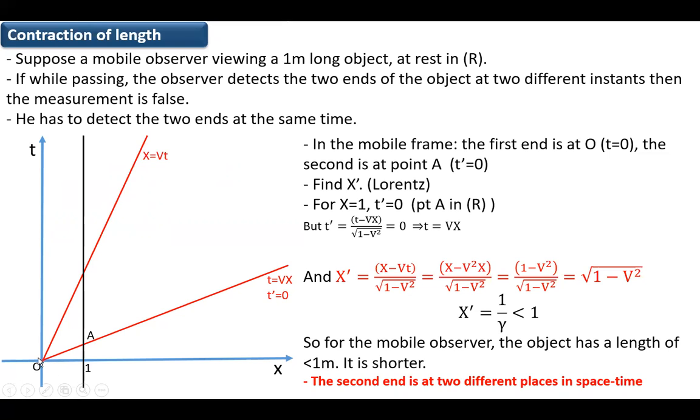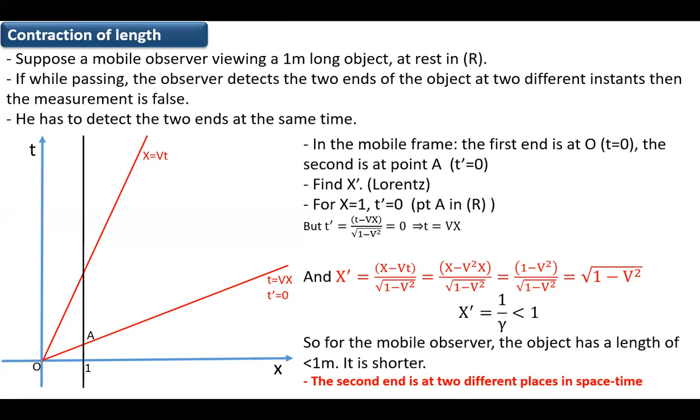So you have one end at 0, and the other end at X equals 1. So you have this object. The length is 1 meter, let's say, or any unit of length.